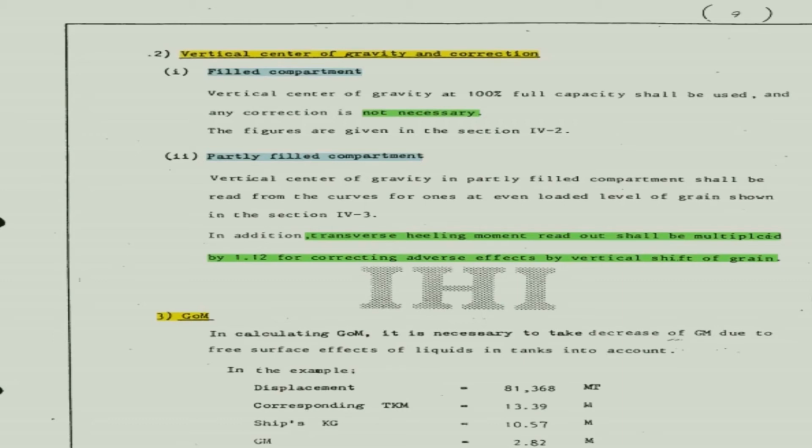If we check a filled compartment, we'll find the value of the center of gravity for the full cargo load. That means no more change for this condition. But for a partially filled compartment, we get the value for the center of gravity only for the volume of cargo which is loaded to that cargo hold.